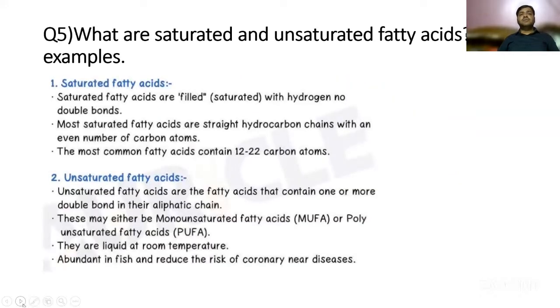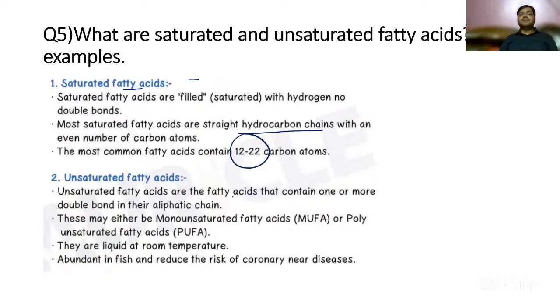Coming on to the last question for today, what are saturated and unsaturated fatty acids? Give examples. You already know the saturated fatty acids are the ones with hydrogen and no double bonds. They have only single bonds. They have straight hydrocarbon chains, and they mostly contain 12 to 22 carbon atoms.